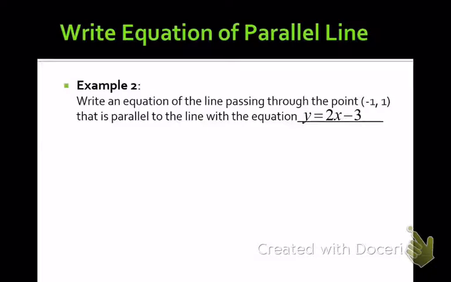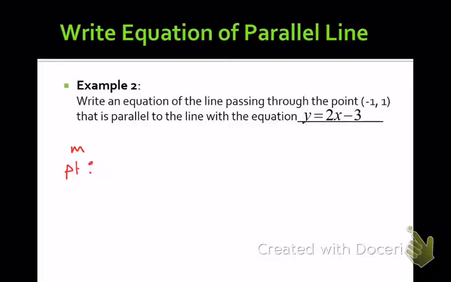Well, we know that we have to have a slope, and we're going to have a point. Now, it would be great if we had the y-intercept to plug into the slope-intercept form, but we don't know what that y-intercept is. So the two very basic things we need to write the equation of a line are a slope and a point.